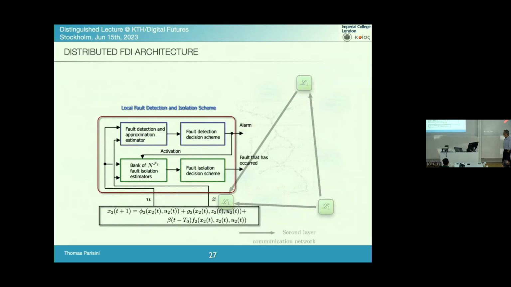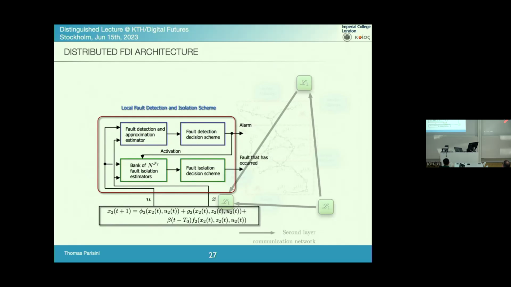So this is actually the digital twin execution in real time. And the structure that is well known, okay, so this is now classic, I have to say, from the early 2000s. You basically have two elements here. First, you have a fault detection and approximation estimator. I'm shortly showing what I mean by this, that takes care of detecting that something has gone wrong locally.